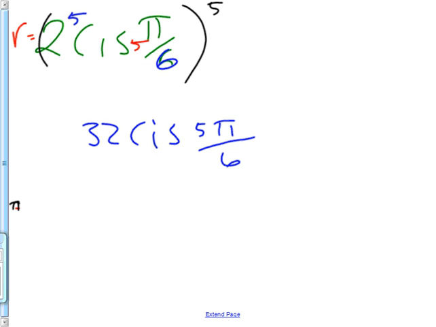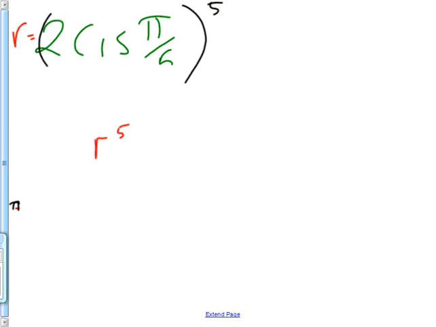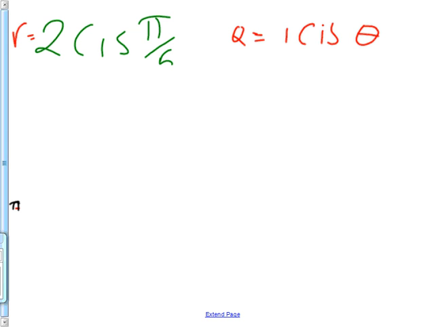Okay. So that's De Moivre. How about if I back this up and we say this is our original, and instead of saying r to the 5th, do you remember how to multiply them? So if I had q is 1 cis 0, that's not a theta, it's supposed to be a 0. How would you multiply r times q, and how would you divide r divided by q?